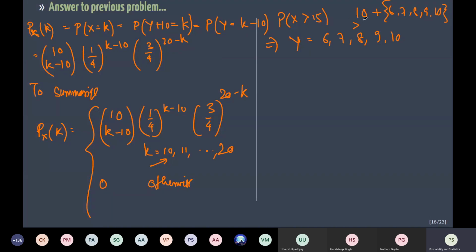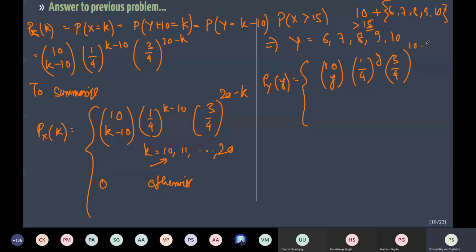Then only it will be greater than 15. For these values we know the y distribution: 10 choose y, 1/4 to the y, 3/4 to the 10 minus y, for y equals 6, 7 up to 10, and 0 otherwise.